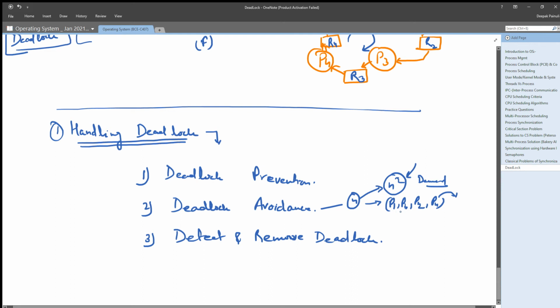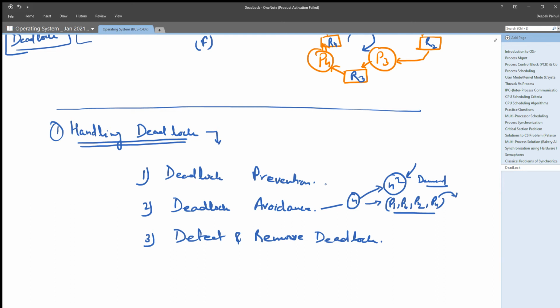But for generating this type of sequence, we need to know in advance the demand of every resource type in the system by every upcoming process. So if somehow we are able to calculate the maximum demand by the processes for a defined time, then only we can generate a sequence of the processes.